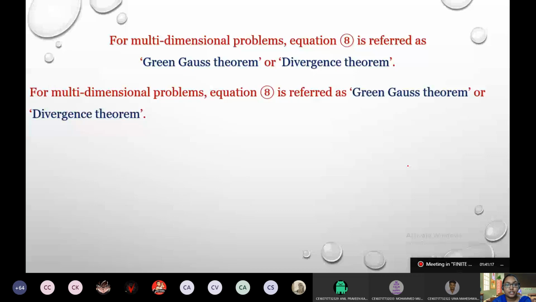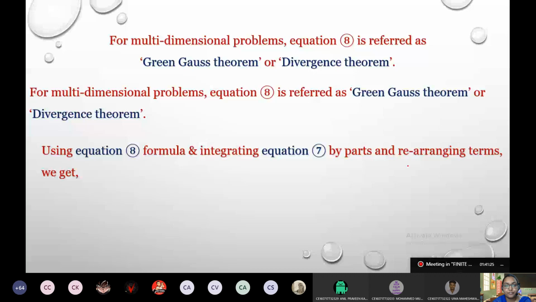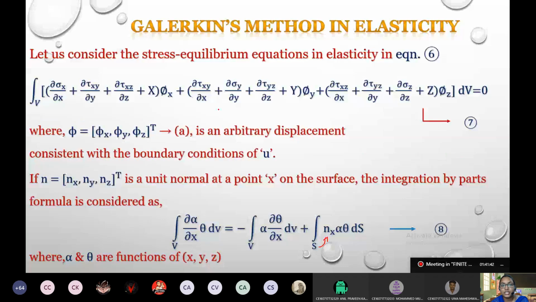For that, we are using the equation number 8 formula, and we are integrating equation number 7 by parts and rearranging the terms. We have equation number 8, which is the Green-Gauss theorem, and equation number 7, our stress equilibrium equations. In stress equilibrium equations, we have stress values, body force values, and arbitrary displacement functions.